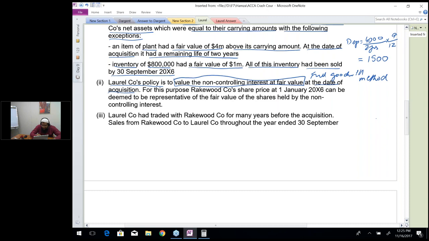For this purpose, Rackwood Company's share price at 1st January 2026 can be deemed to be representative of the fair value. So the share price is representing the fair value, and we have already used the share price held by the non-controlling interest. So adjustment 2 has already been covered by us. You people are intelligent enough to solve this adjustment even before being asked by the examiner.